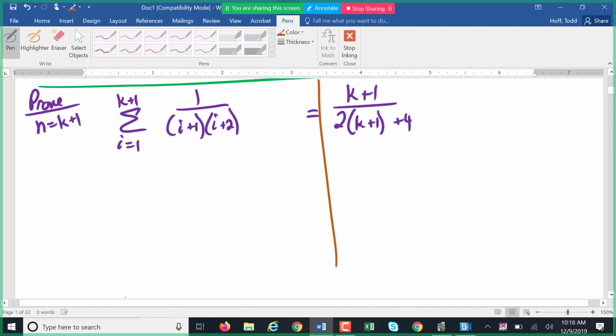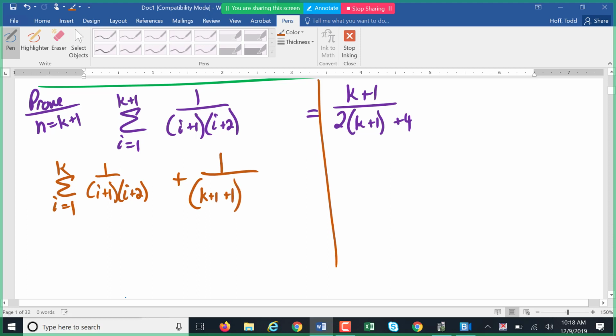And as always, we're going to break that down into the summation of i equals 1 to k, plus that kth term, the a sub k. So i equals 1 to k of 1 over (i plus 1)(i plus 2), plus that k plus 1 term, which will be 1 over (k plus 1 plus 1), we put k plus 1 in for i, and (k plus 1 plus 2).